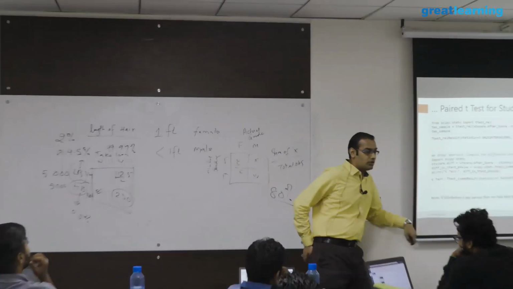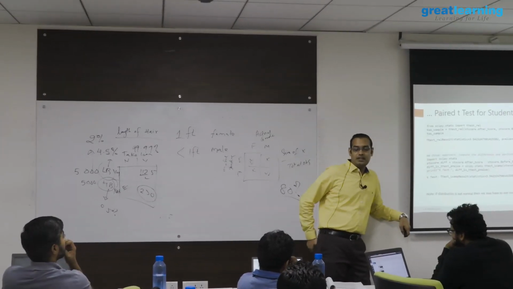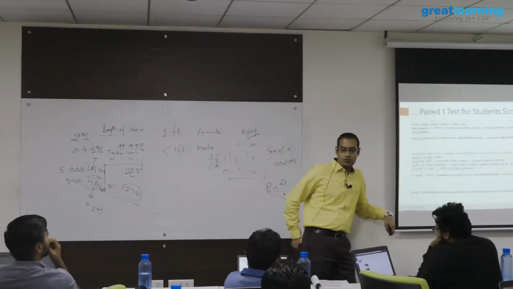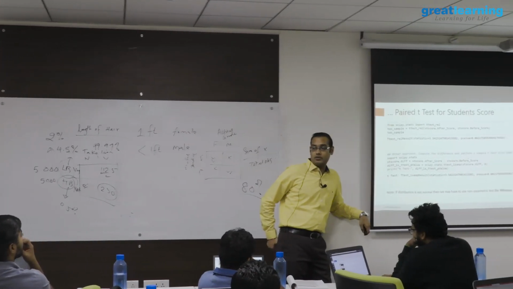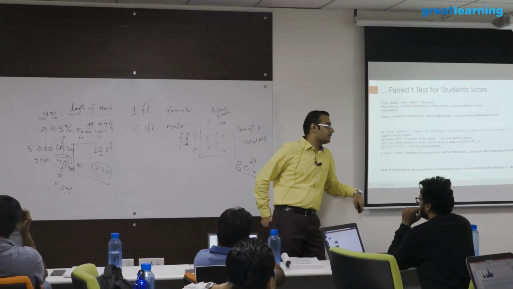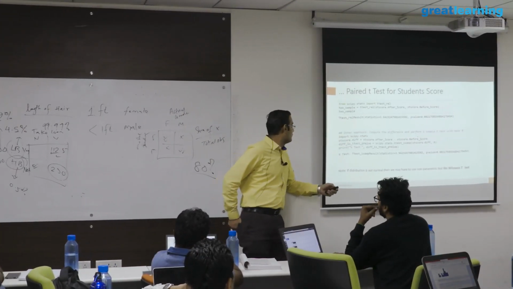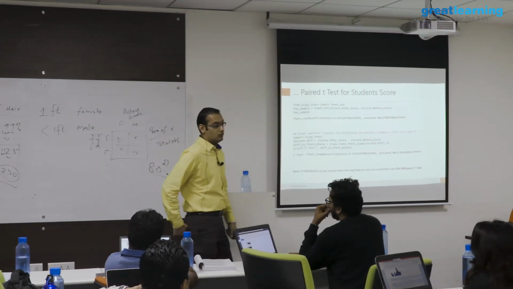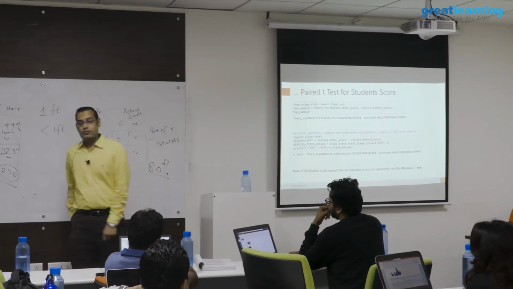So what do I conclude? Is there a significant difference in score before and after based on the statistical test, or is there not much significant difference in score? The p-value is 0.002. Alpha is 0.05.